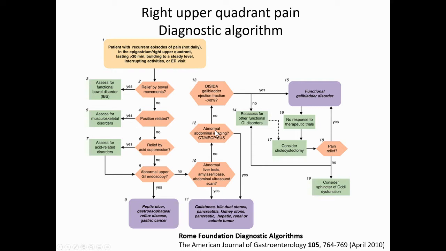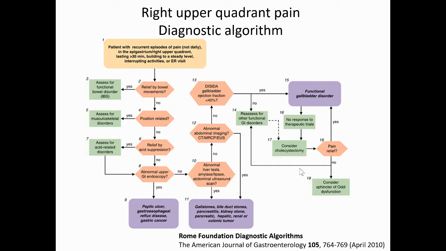If these imaging techniques do not reveal the abnormality, then we would perform a specific DISIDA test to check for gallbladder ejection fraction. And if it's less than 40%, then we can diagnose a functional gallbladder disorder. If that is not the diagnosis, then we would consider sphincter of Oddi dysfunction.